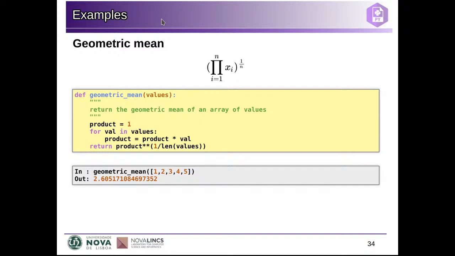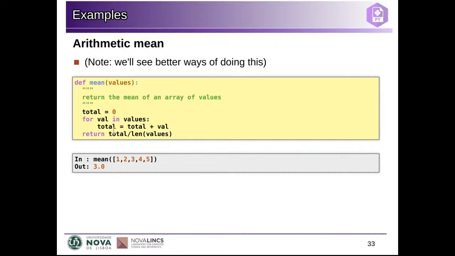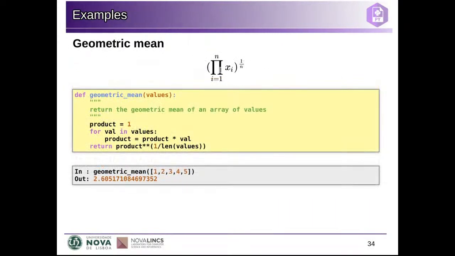Another example, if we want the geometric mean instead of the arithmetic mean: the arithmetic mean is the sum divided by the total number of elements. The geometric mean is the product raised to 1 over the number of elements, or the nth root of the product of the elements. So in this case, we start at 1. We cannot start at 0 because otherwise we would always have 0.